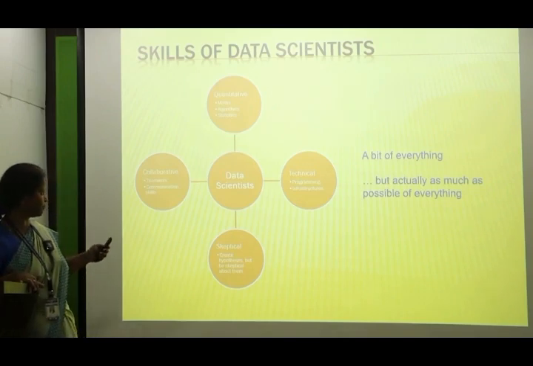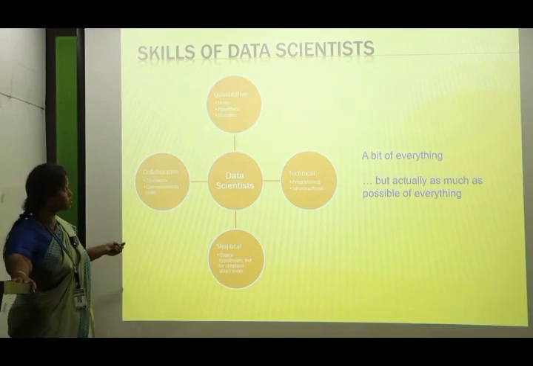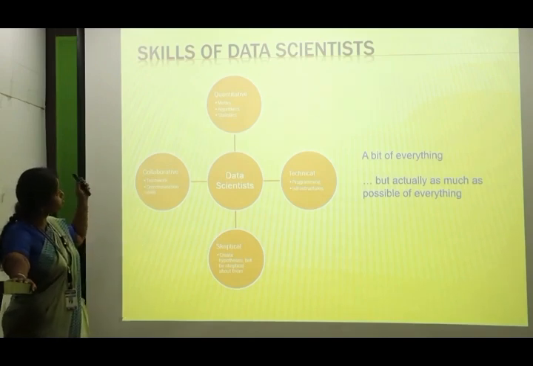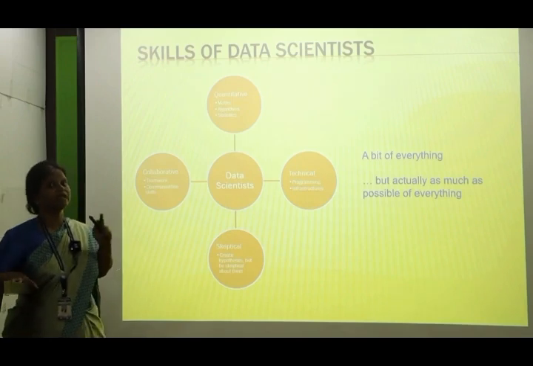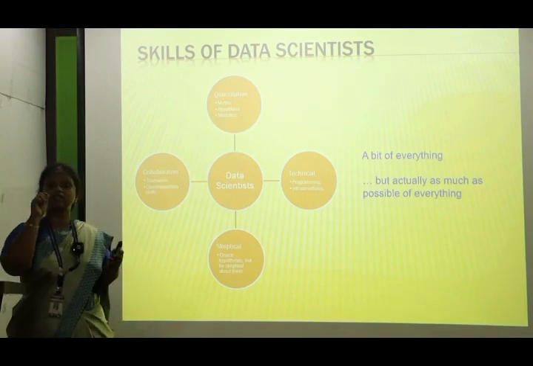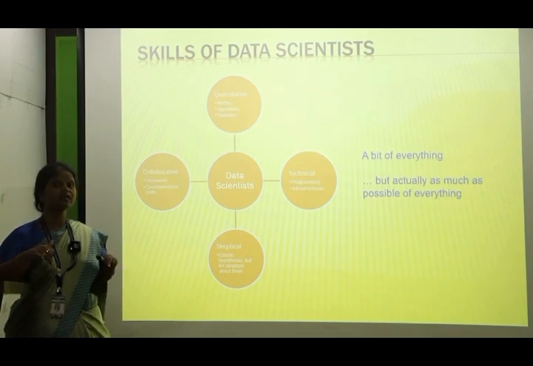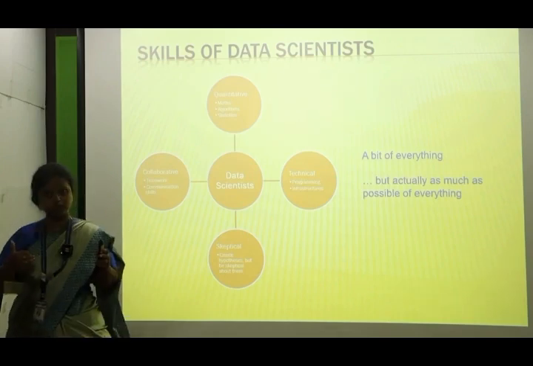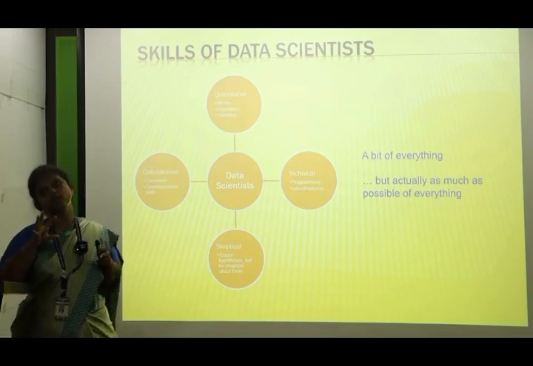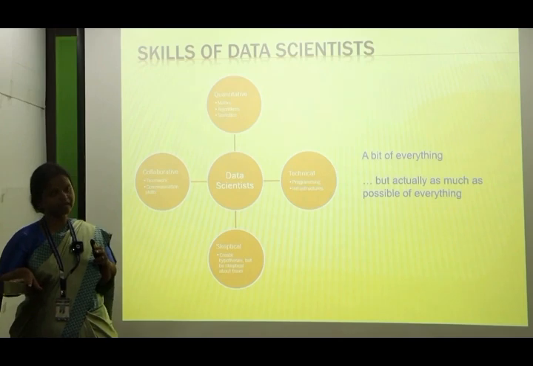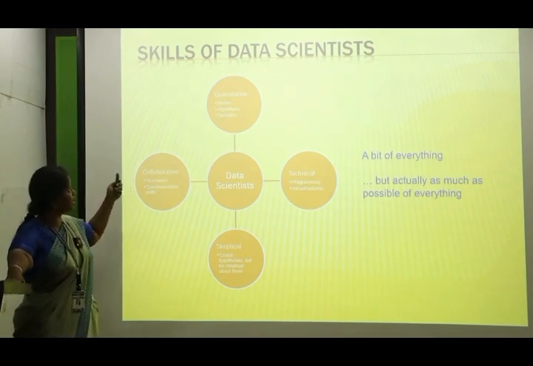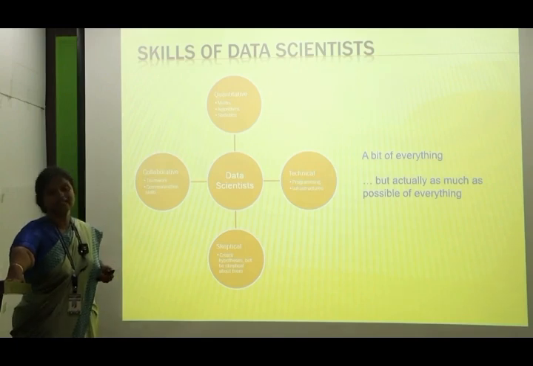They have to create hypotheses, they have to be technically strong, and they have to know some mathematics as well, because in the previous slide we saw that data science is mingled with programming, that is computer science. It is also mingled with quantitative analysis, that is mathematics, right? That's why the data scientist should know maths, algorithms and statistics.